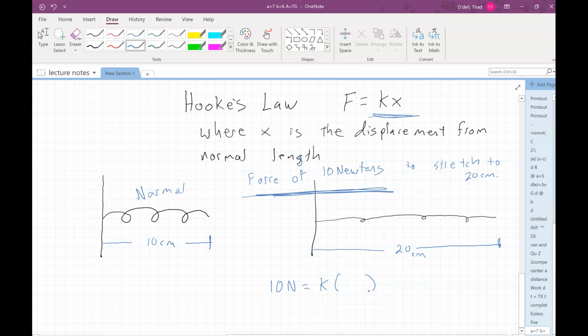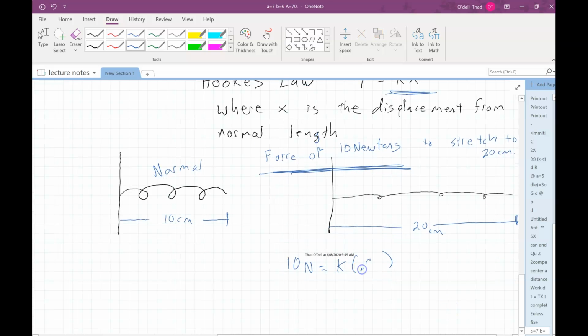One problem is that newtons doesn't play well with centimeters, because a newton is kilograms times meters per second squared. Anytime we're working with newtons, we have to put our lengths in meters. So 20 centimeters would be 0.2 meters.